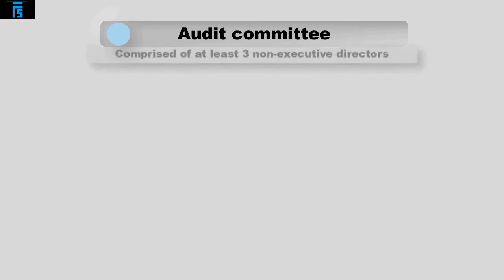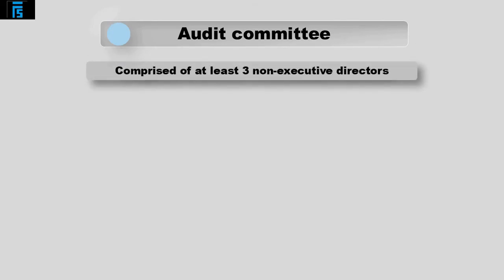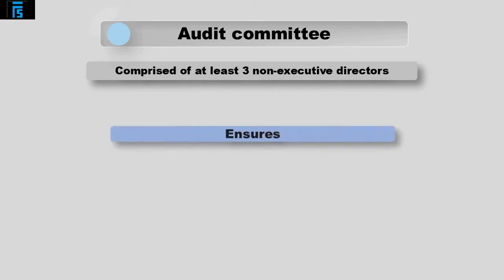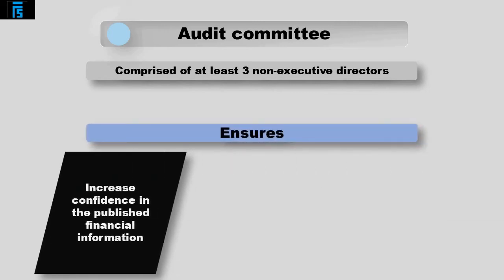It should be comprised of at least 3 non-executive directors. 2 is permitted for smaller companies. At least 1 should have finance experience, which makes sense given the responsibilities they are taking on for the company. This committee should ensure that they increase confidence in the published financial information.